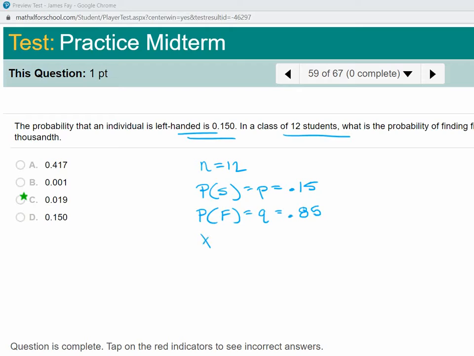And then x, so this is a discrete random variable, and the number that x is going to take on, we're interested in it being 5. So when we say what's the probability of 5, the formula for this is n factorial over n minus x factorial times x factorial times p to the x times q to the n minus x.